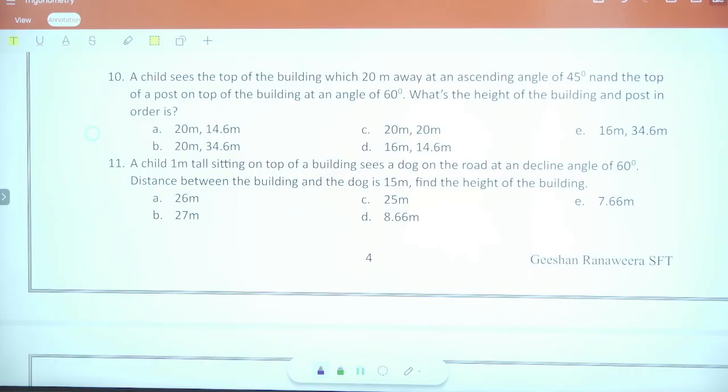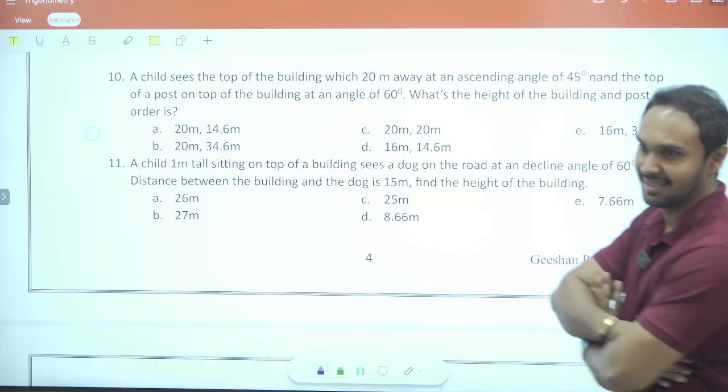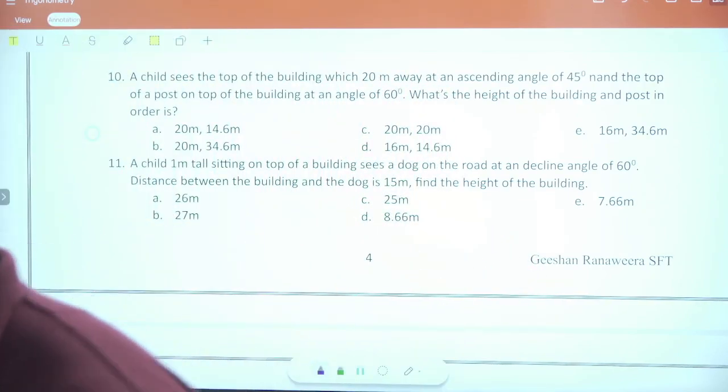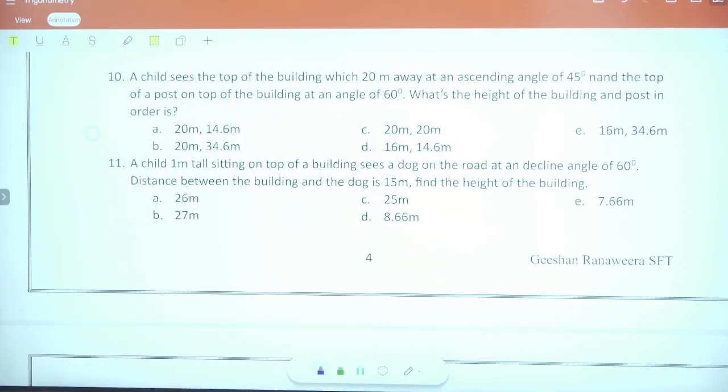Okay. Acceptable. There's the building. Where's the building? Which one is the building? That one. Where's the post? So, is this the... maybe.